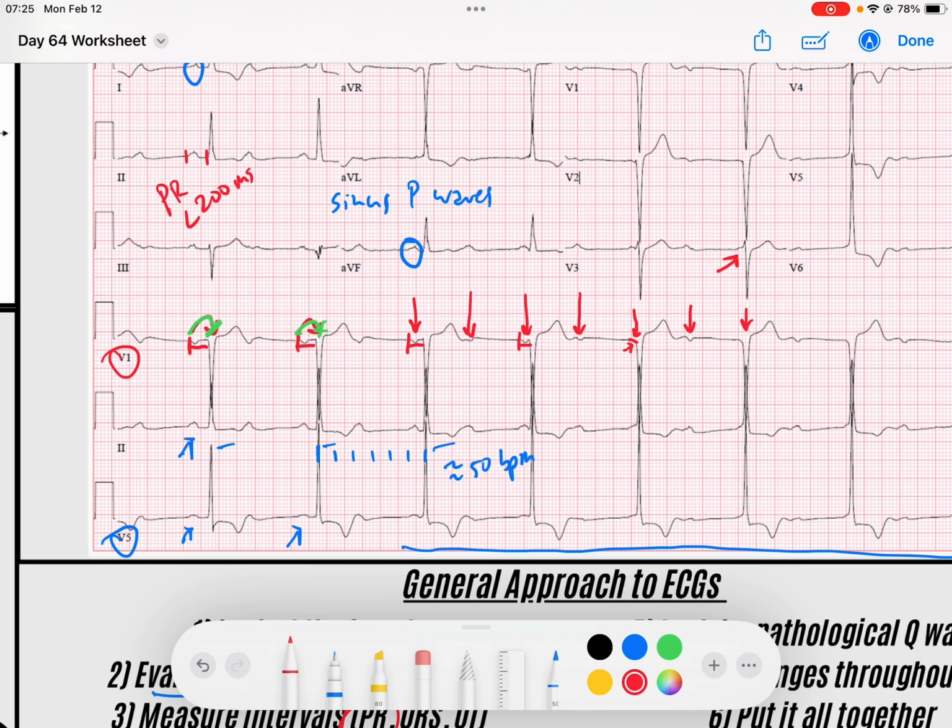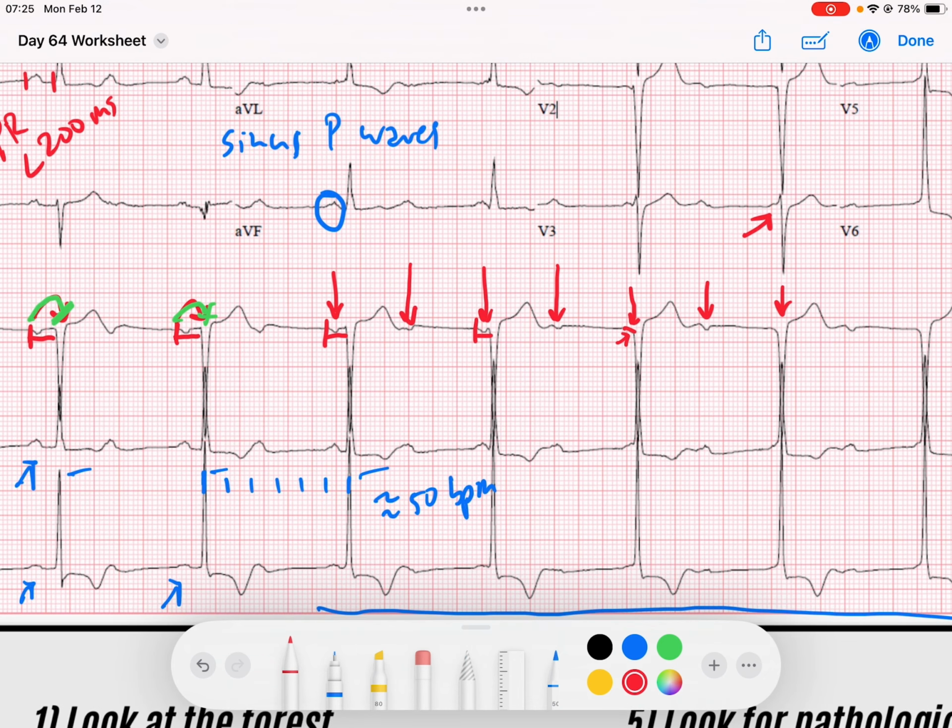So what's happening is we actually have a fast atrial rate. These are all P waves that are quite fast. My atrial rate here, if you march that out from, say, this P wave, is 300, 150, 100, roughly 100 beats per minute.